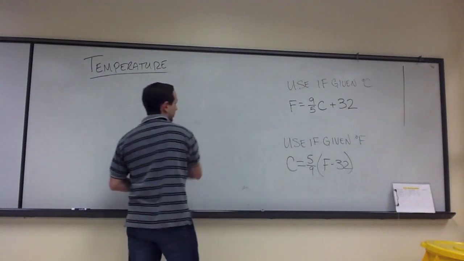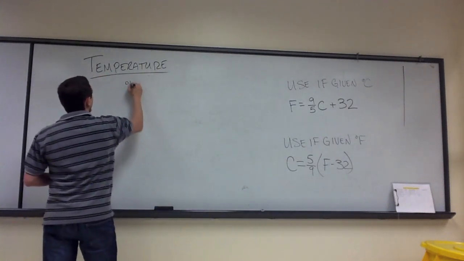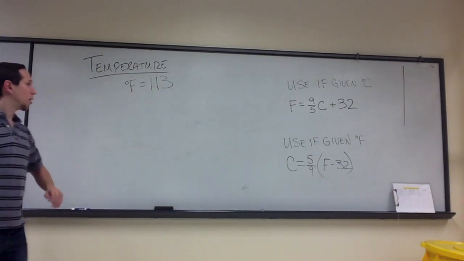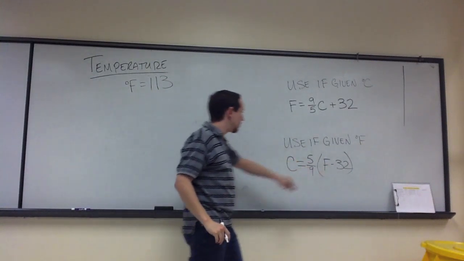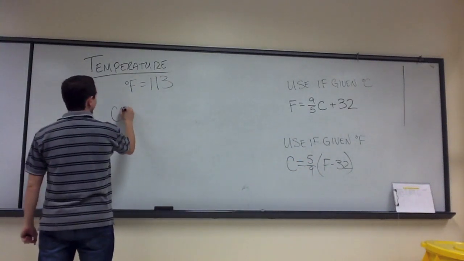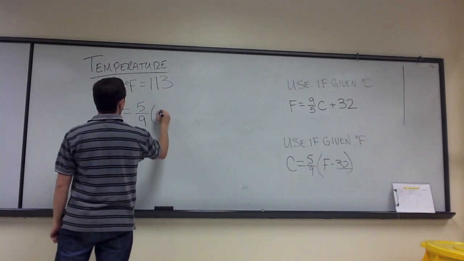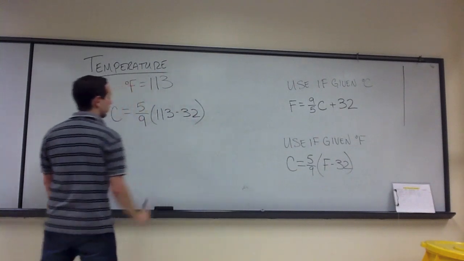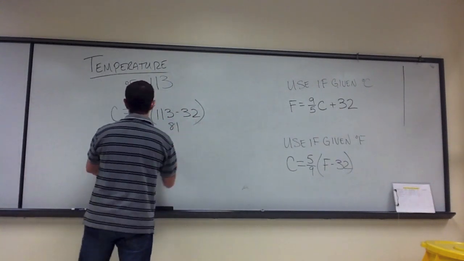So let's say that I started with degrees Fahrenheit equals 113. Okay, so I started with degrees Fahrenheit, which tells me I'm going to use this formula. So C equals 5/9 times 113 minus 32. Okay. 113 minus 32 gives me 81.